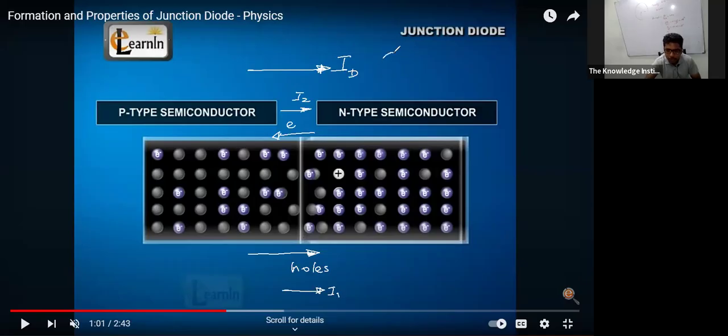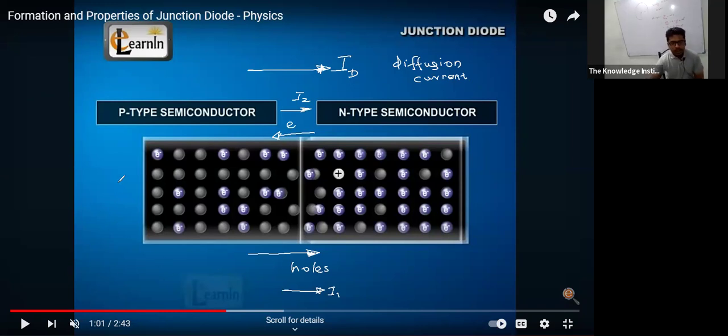That is the diffusion current. So this current ID is due to the diffusion of electrons and holes as soon as we connected the p-type and n-type semiconductor.